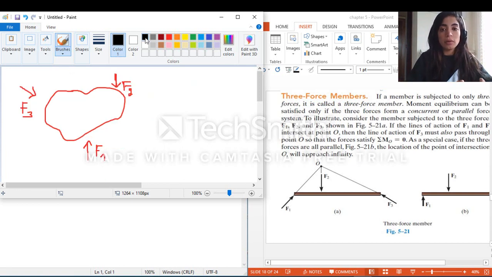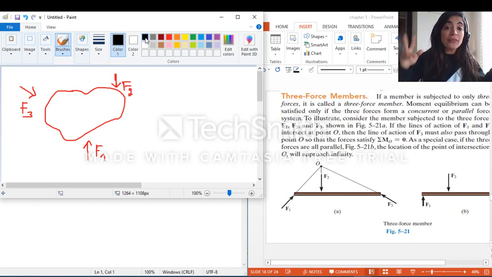Guys, this is an example of a 3 force member where 2 of them are parallel and 1 is not parallel, and I want to prove now that in order to have equilibrium, F3 should be parallel to F1 and F2, so that our case is a 3 force member having 3 parallel forces.